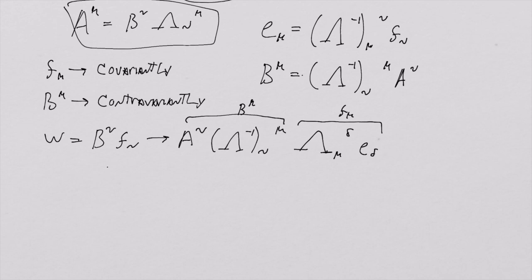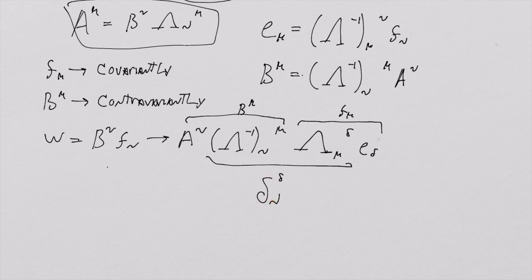So now, what have I got? Well, if I look at this object, that is actually the product of two matrices. The indexes on the inside here are matching, and they're inverses. So that object is going to be the delta function, nu delta. I shouldn't have chosen delta in this case, because now delta is doing double duty as an index here and as the delta function.